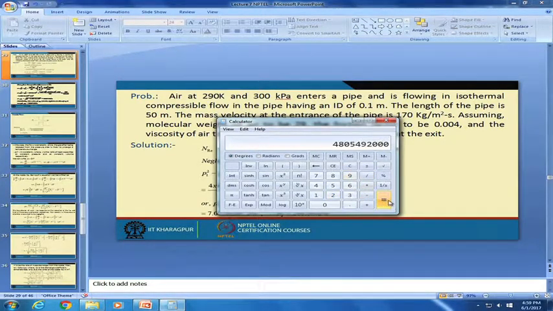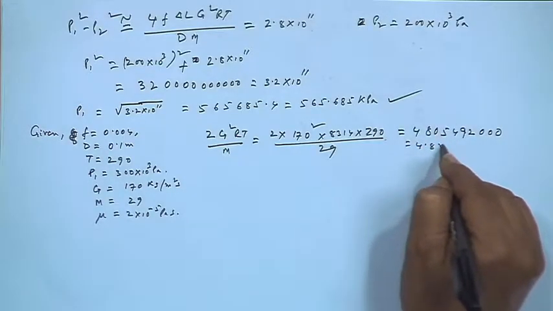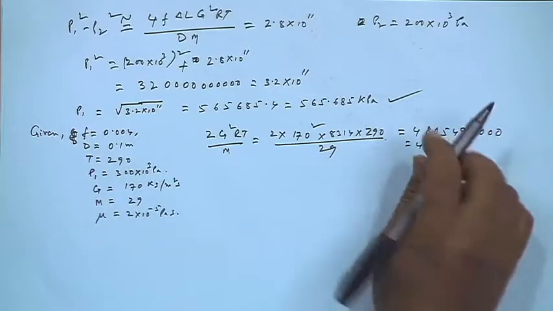That becomes 4805492 million, which is 4.8 into 10 to the power 9.